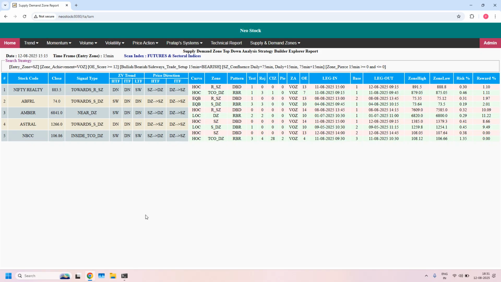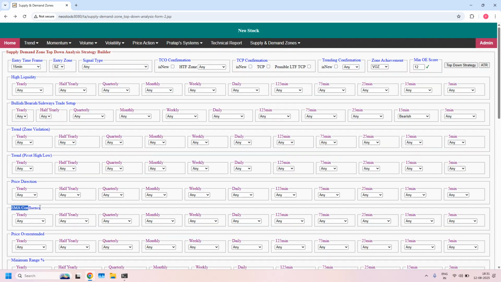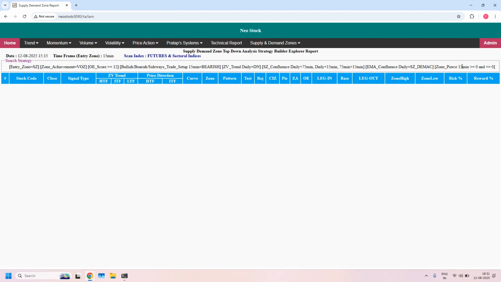Let's verify in these 2 stocks whether any daily supply zone has daily EMA confluence. At the same time, the trend on the daily time frame should not be sideways. It should be a downtrend because it is a bearish trade setup. We don't have any stocks. Okay.